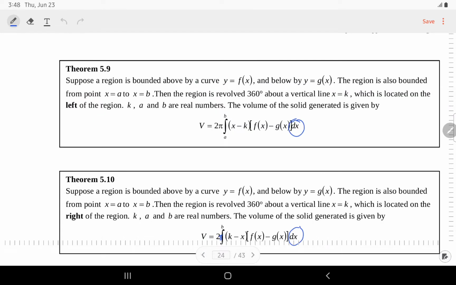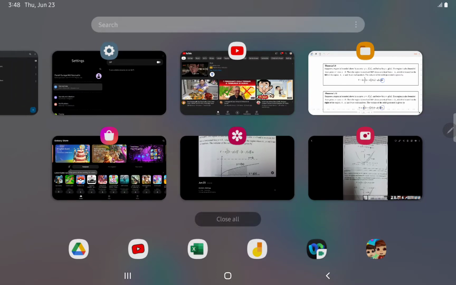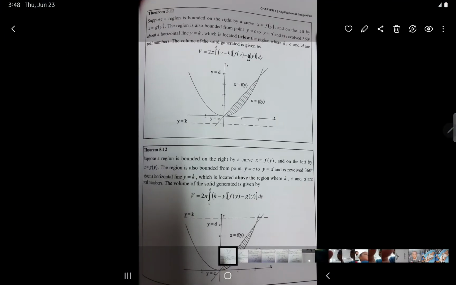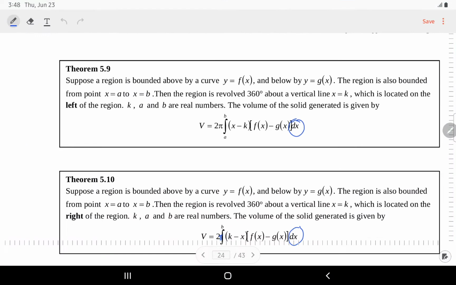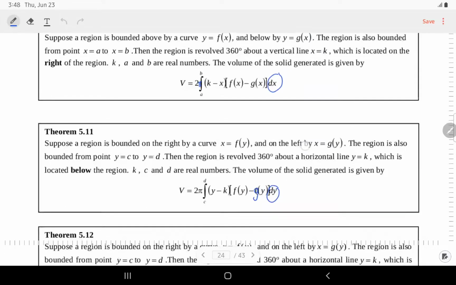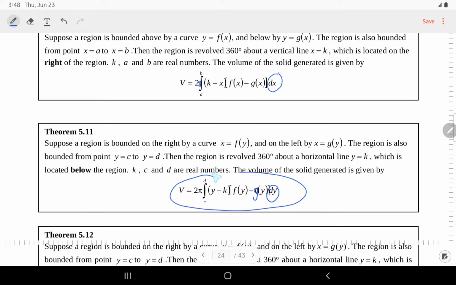So we are going to use this one. The axis of revolution is a horizontal line and the shaded region is above it, so we use the formula in theorem 5.11. Let's see.